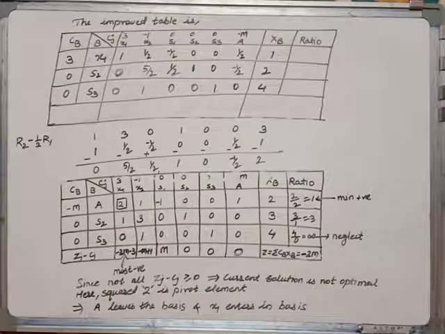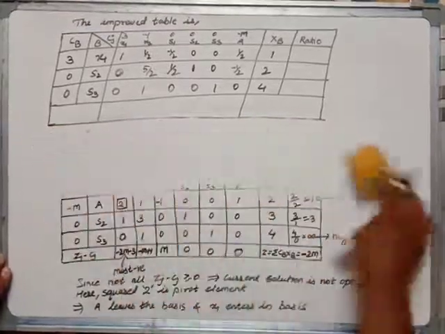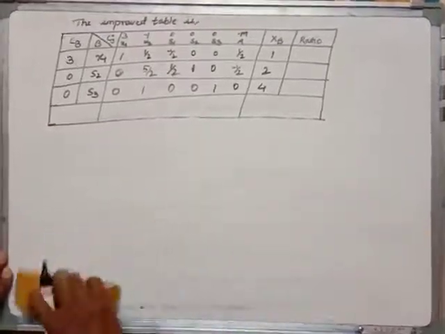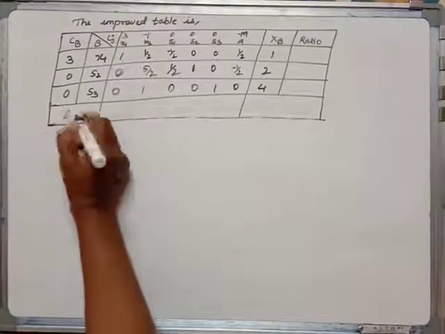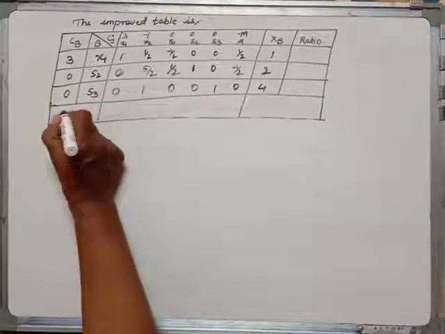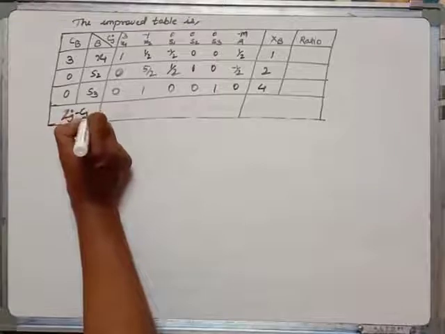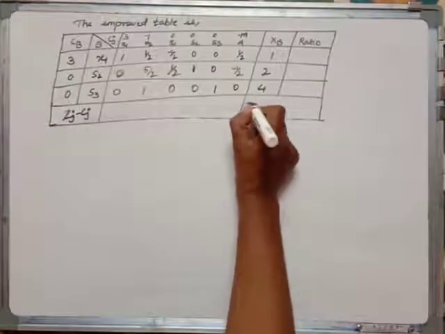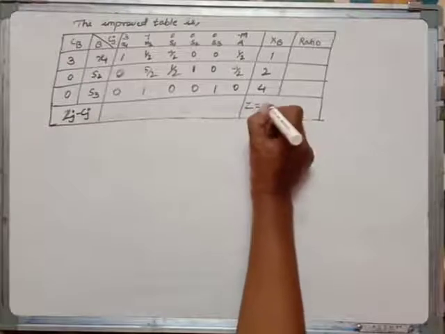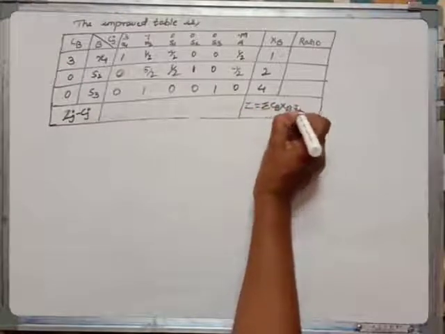Now let me check what are Zj minus Cj here, and Z. If Zj minus Cj are positive, I get this is the optimal solution. Here Z is summation Cb xb.